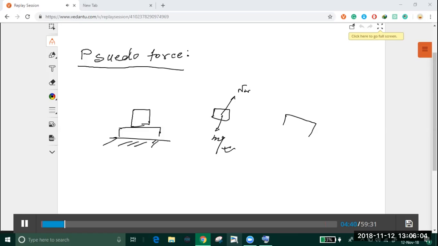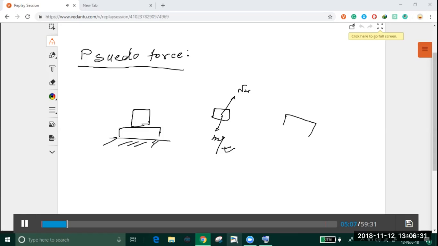Then it is the normal force. Normal force because of what?